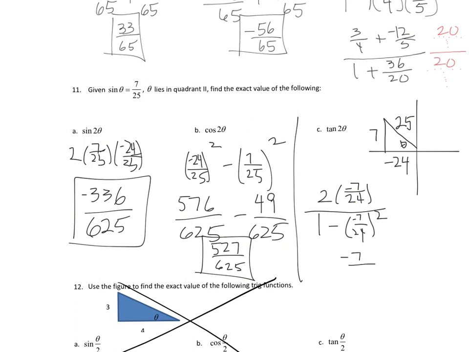So now we have negative 7 over 12. 1 minus squaring that will give us 49 when you have 7 squared over 576. Now multiply by the LCD of the small fractions. In this case, it's 576. I'm going to multiply the top by 576, the bottom by 576.